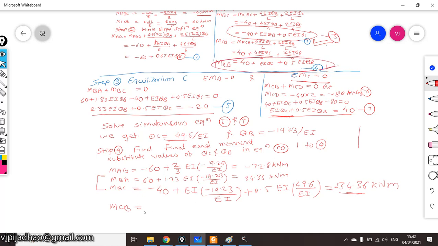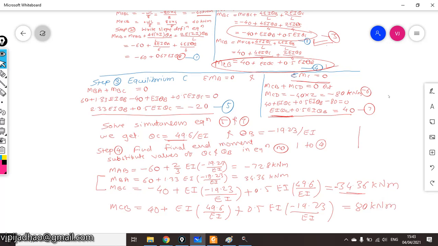We get MCB is equal to 40 plus EI theta C, that is EI theta C is minus 19.20, this will be 49.6 divided by EI, plus 0.5 EI theta B, that is minus 19.23 divided by EI. So this will be equal to plus 80 kilonewton meter.